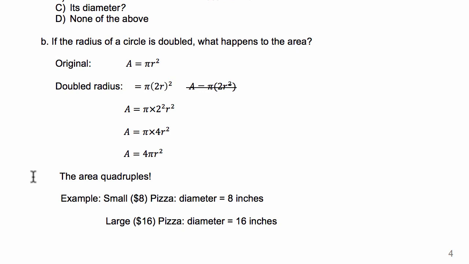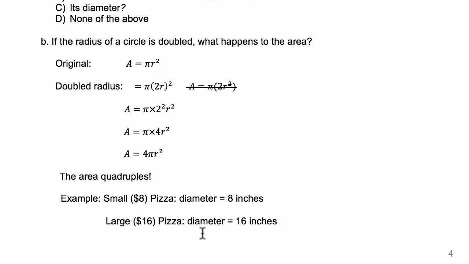One application of this is deciding what size pizza to buy. The size of a pizza is normally given by its diameter. Suppose a small pizza was 8 inches long and cost $8. A large pizza was double the diameter, but also double the price.